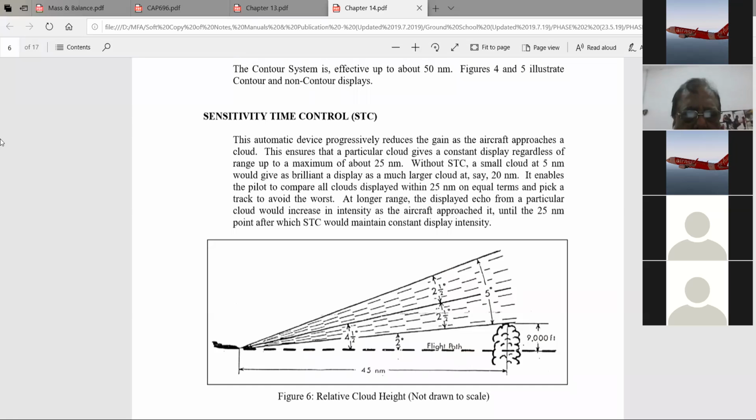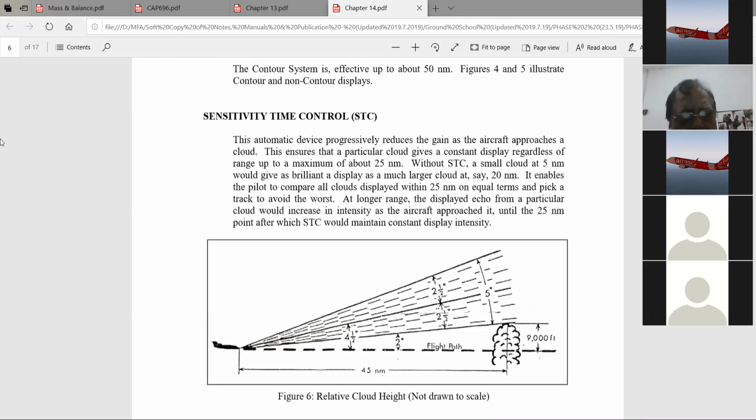I got 1.667. Where are you getting all these figures from? Your beam width is 6 degrees. That means 3 degrees up and 3 degrees down, right? And the total tilt is 4 degrees.